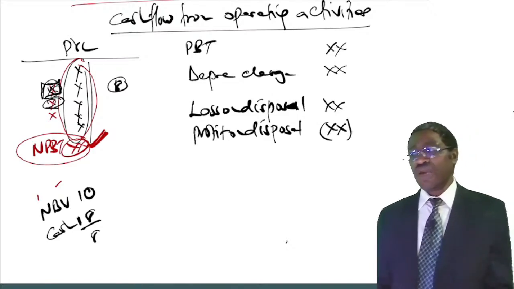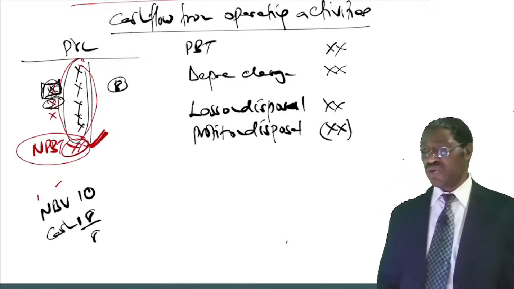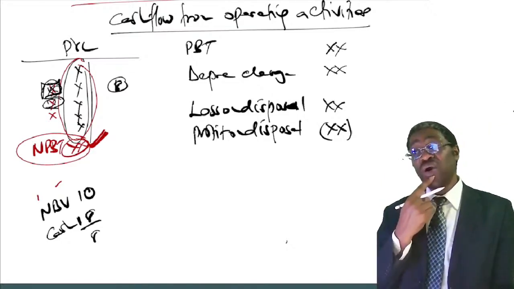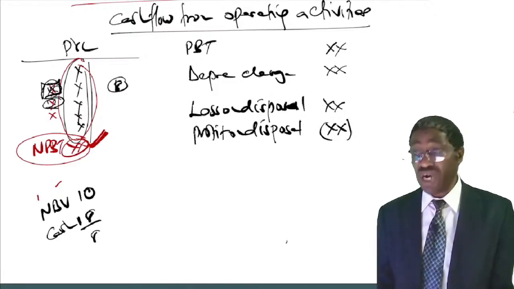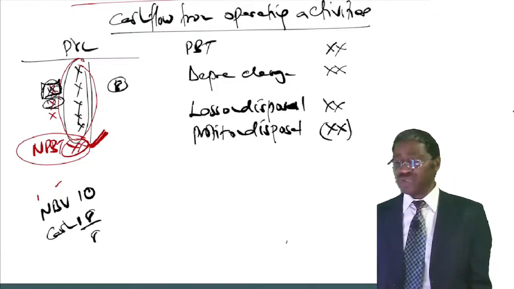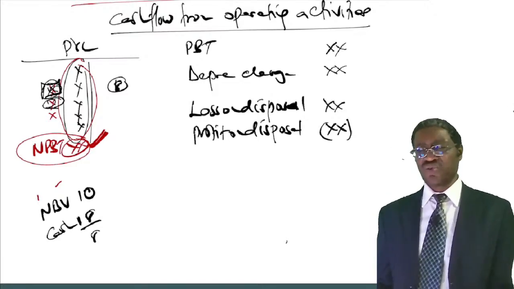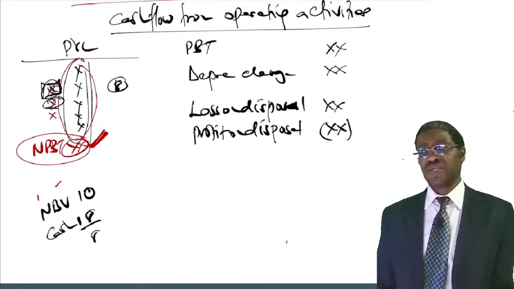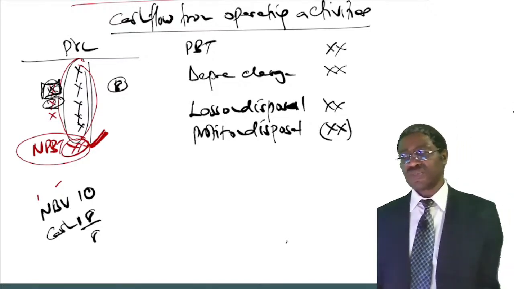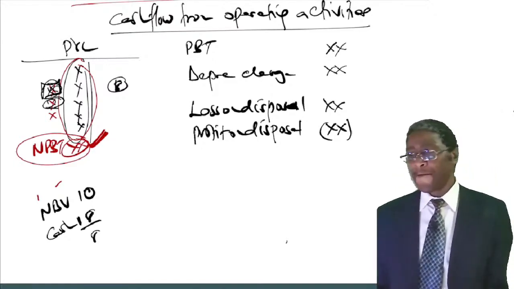Good. I'm still waiting for people to give me other non-cash items that you remember, from your concept or from your topic of cash flow or from your knowledge of accounting. Any other non-cash items. There are normally too many items.